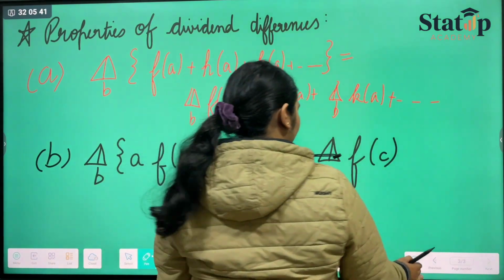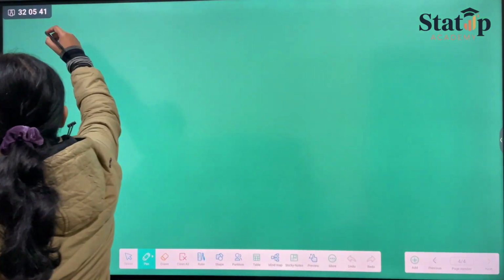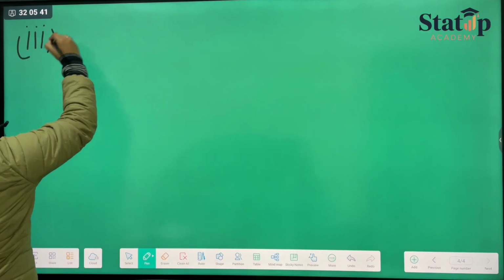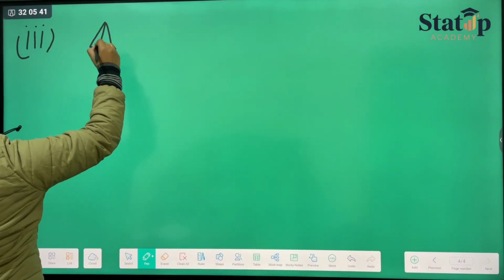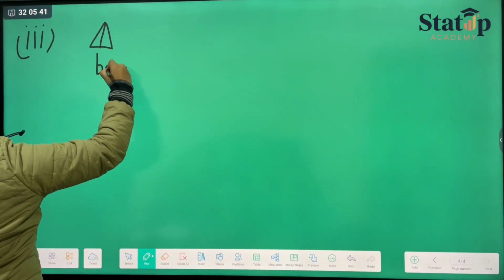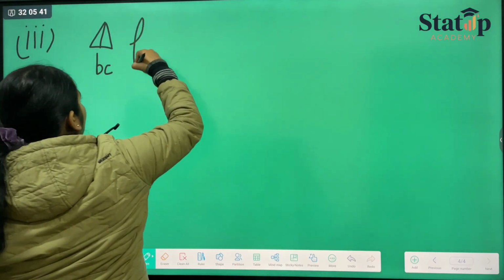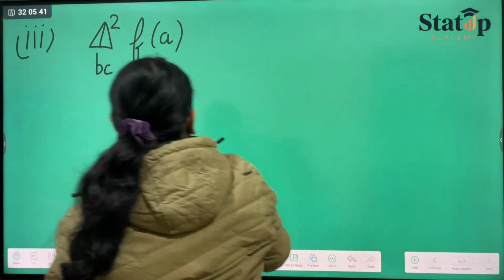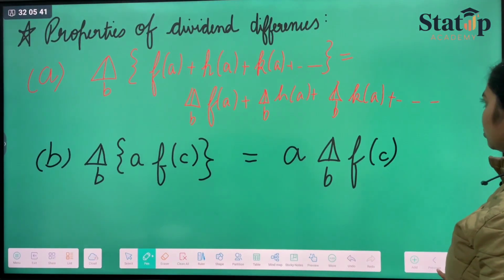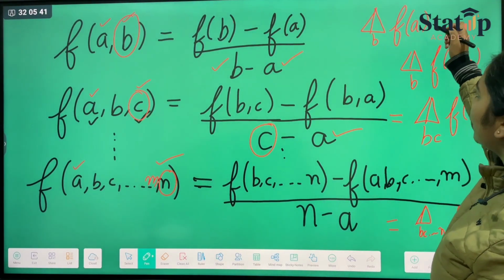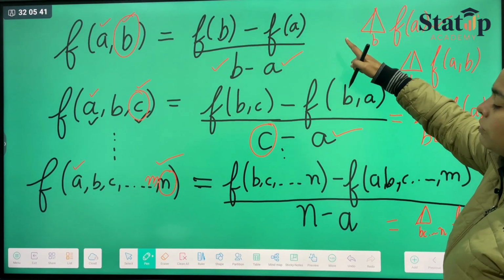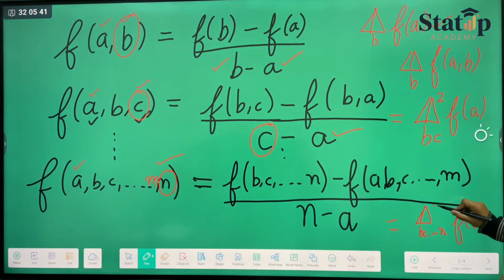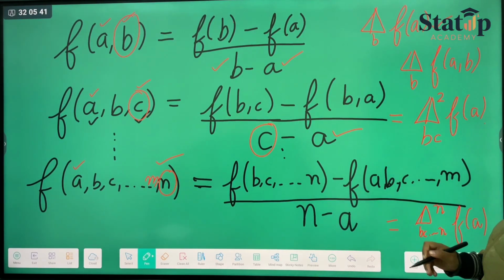And the third and the most important property: if I write this as the divided difference of f(a), we can also represent it as a square. I write the power 1 for the first difference, square for the second difference, and raised to the power n for the nth difference.